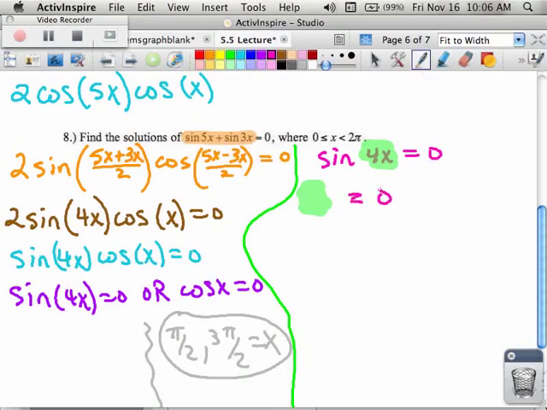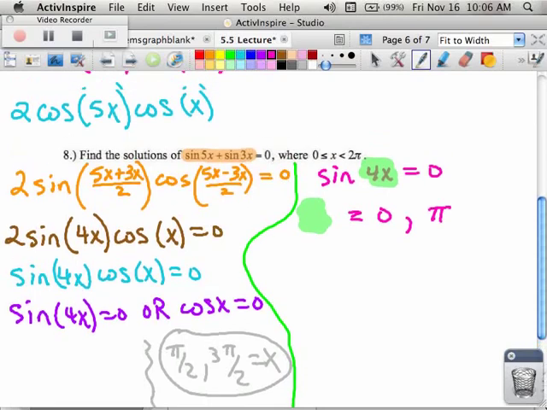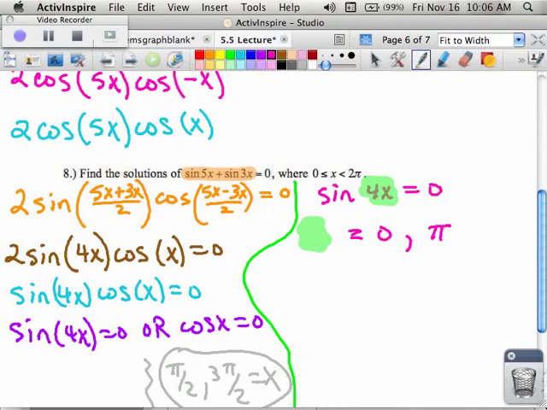It's really 4x. So if I'm looking for x, I have to divide each of these things by 4. So my x is going to be equal to 0 divided by 4, which is 0, and pi over 4.